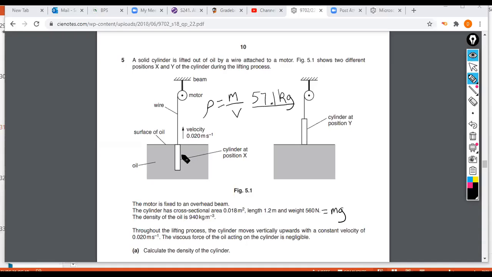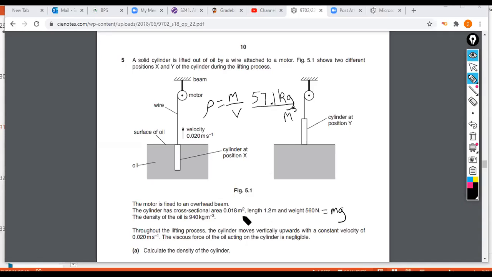The volume of a cylinder is the two-dimensional area of a circle, and that's actually given. That's cross-sectional area, 0.018, times the third dimension, length in this case, right? So area times length, 2D area times the third dimension gives us a 3D space it takes up, the volume. And so it's this number in square meters times this number in meters that would give us a volume in meters cubed.